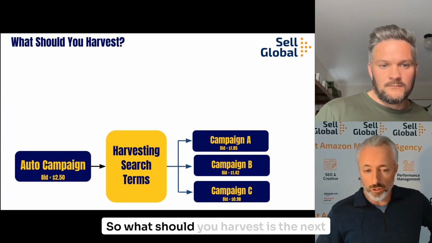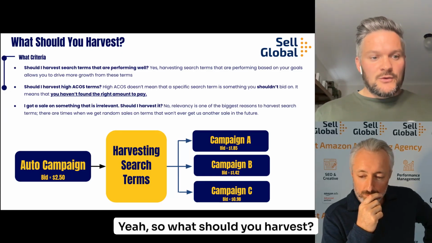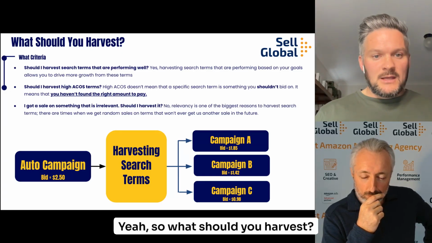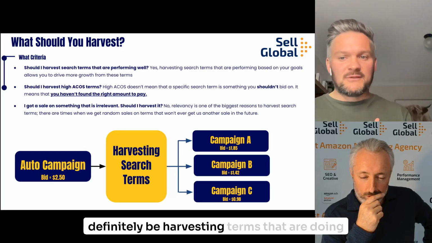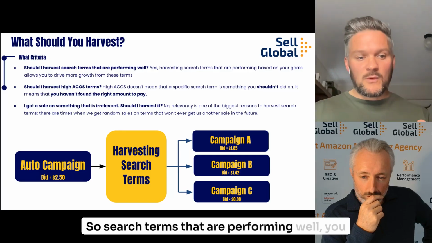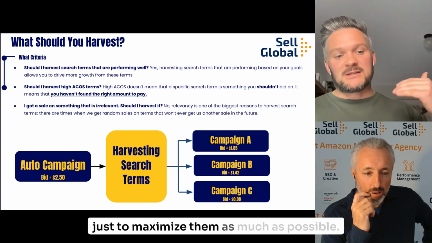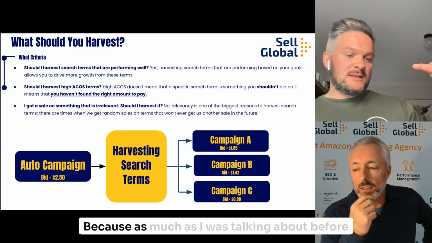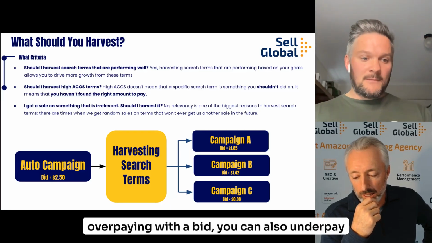So what should you harvest is the next question. Yeah, so what should you harvest? The search terms you should harvest, obviously it goes without saying, you should definitely be harvesting terms that are doing well for you. So search terms that are performing well, you want to be harvesting those out basically just to maximize them as much as possible. Because as much as I was talking about before, overpaying with a bid, you can also underpay with a bid as well.